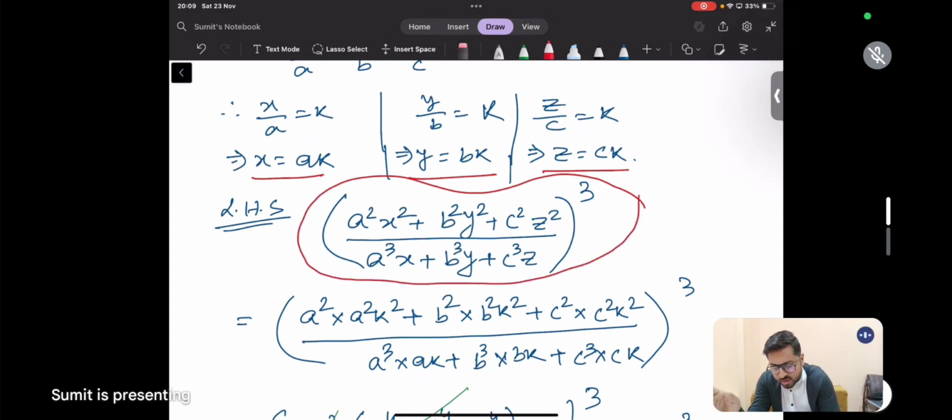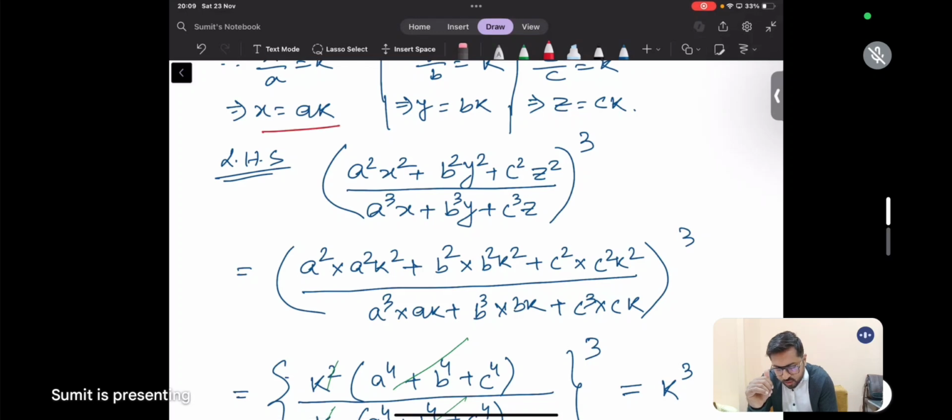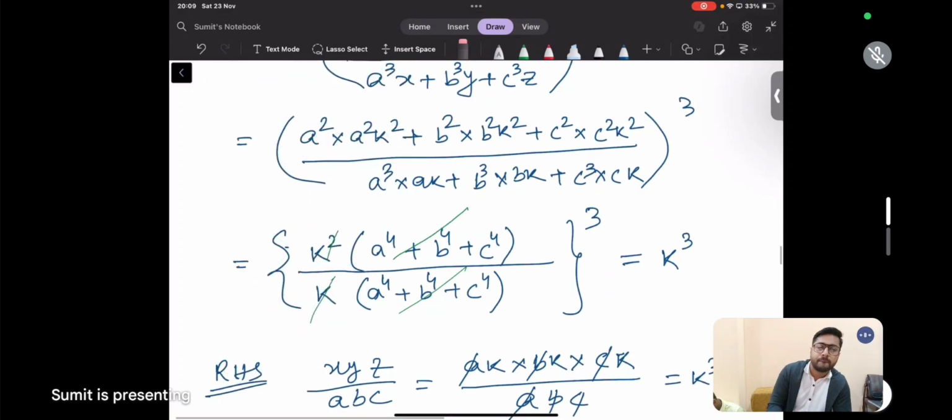This big expression. তো এই এক্সপ্রেশনে all the x y z that you have got you will replace over here. Means x equal to ak, so what will be x square? X square will be a square k square. Y equal to bk, so what will be y square? B square k square. So in the same manner x y z গুলো আমি replace করে দেবো over here, and then after some calculation we have got k cube.